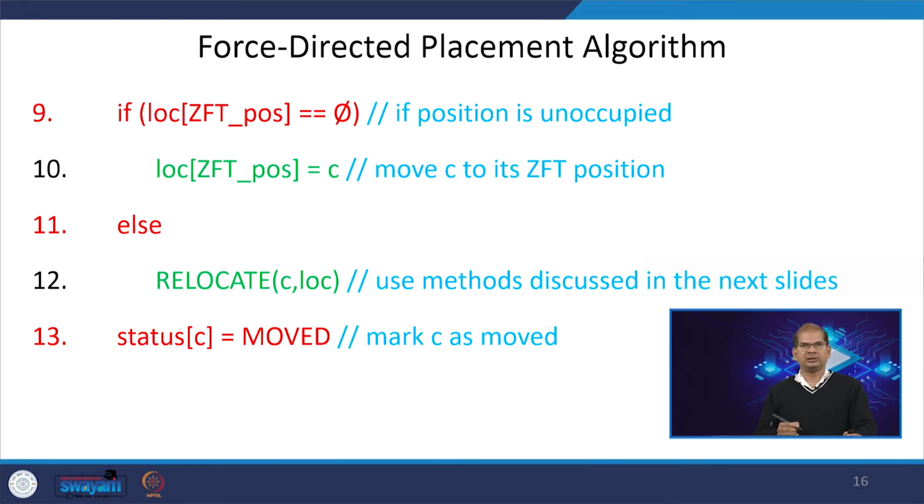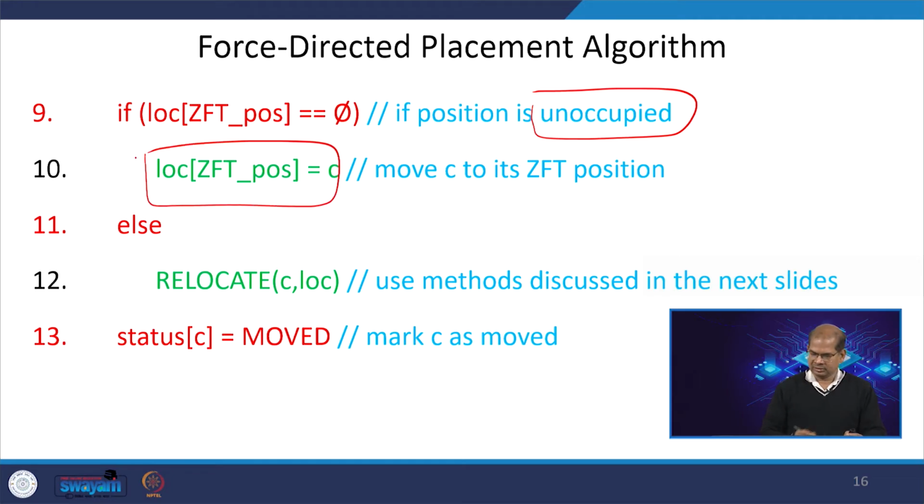Now, the location we found from this JFT position, if it is empty, meaning available or unoccupied, which are the same thing, then we place that cell in that location and fix it. Now that cell is fixed.